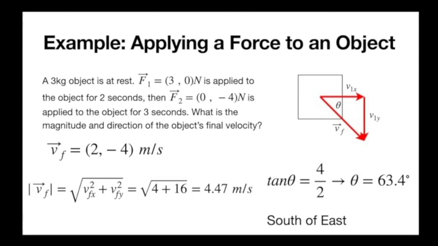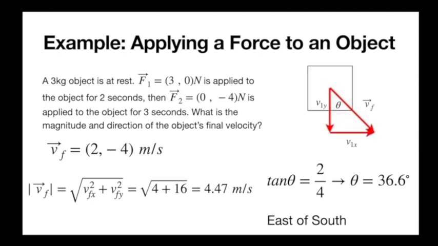It just depends. We have one quadrant, and we're just giving an angle in relation to either the positive x-axis or the negative y-axis. Both are equally correct. They say the same thing. They describe this same v final vector. Again, the key part is just you need to tell us what angle you're talking about when you give an answer.